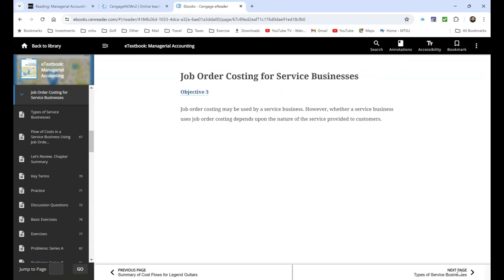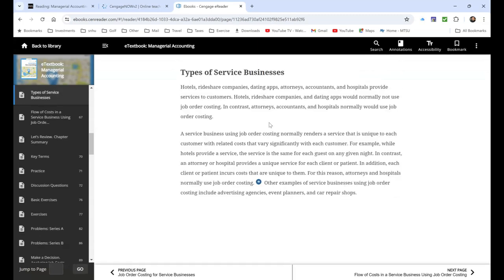And then for service businesses, it's very similar. You know, rideshare companies, dating apps, attorneys, accountants, hospitals. So as an accountant, if I charge someone, I can look at all the cost of overhead. So I may have overhead of computers, software, licenses, etc. And then I'm going to somehow apply that.